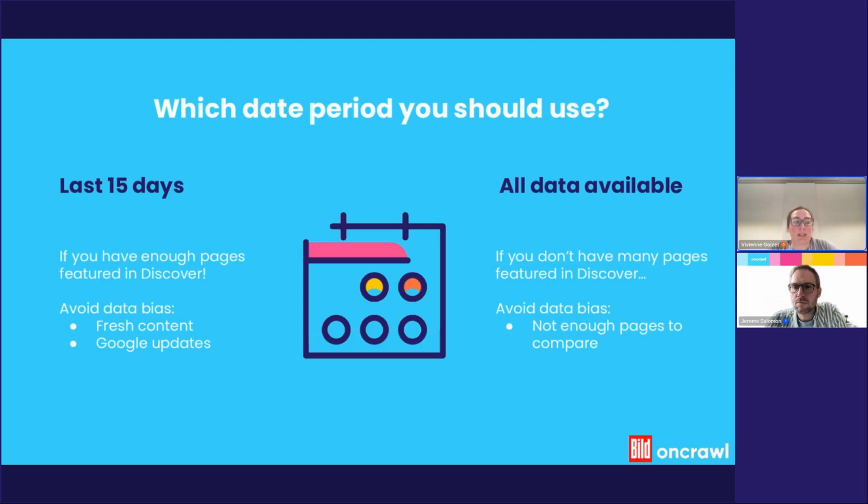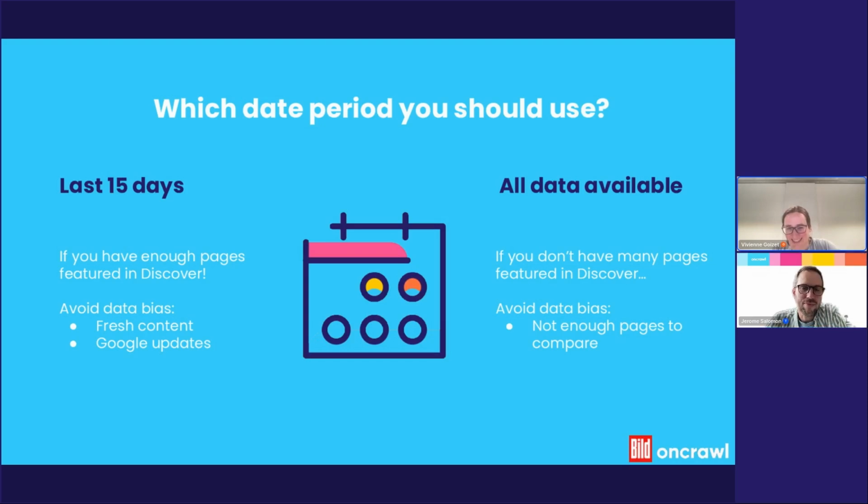Plus, if I looked at the last year, I could not account for Google updates. If how Discover works has changed with the last update, I would get wrong information. So it's very important to only look at my latest content, about the last 15 days.